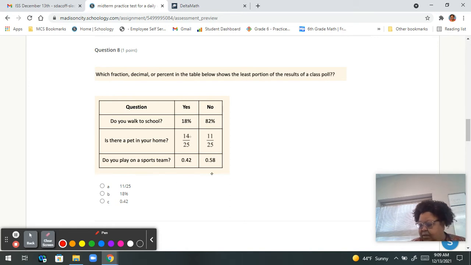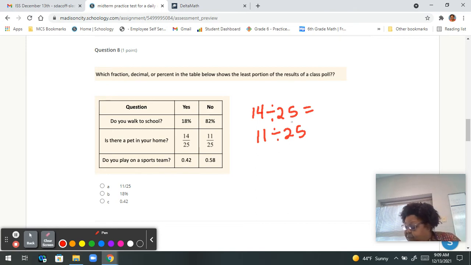So I'm going to convert this to percent by doing 14 divided by 25 on my calculator, and this one I'm going to do 11 divided by 25. I'm going to do that on my calculator, y'all, even though I could do it by hand. And so I got a 0.56, and then I know to convert that by moving my decimal over. So this one becomes 56%.